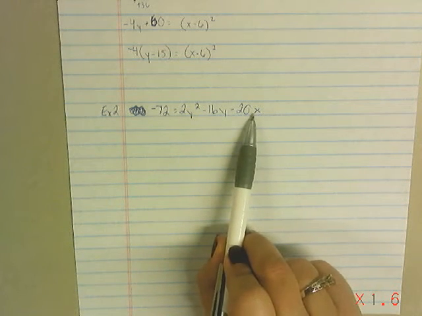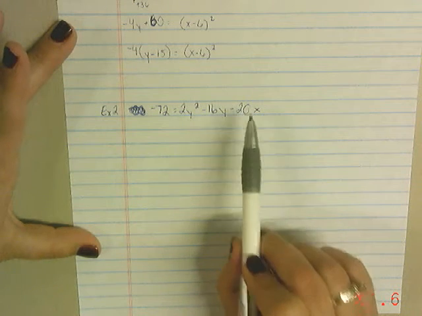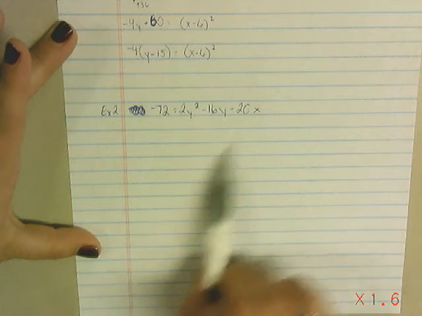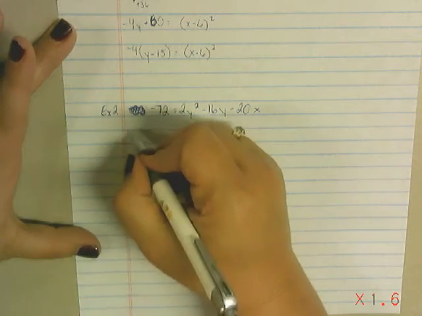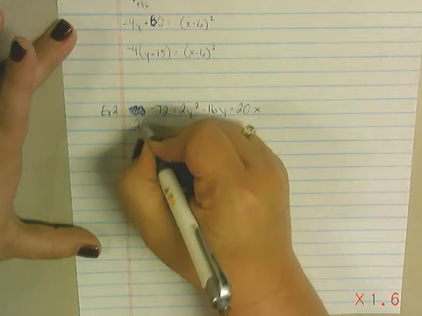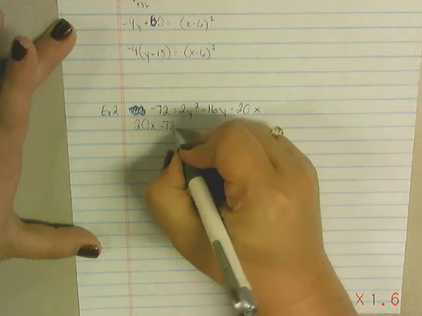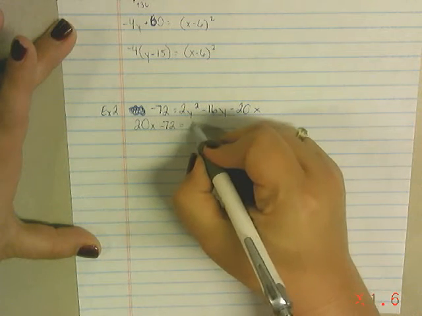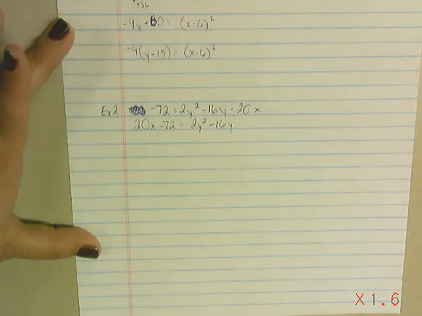I only have a regular x. And what do I want when I have a parabola? I want the one that's not squared over here. So I'm going to move this 20x over here. And when I move it over, I have to add it to get it to the other side of the equation. So I'm going to have positive 20x minus 72 equals 2y squared minus 16y.